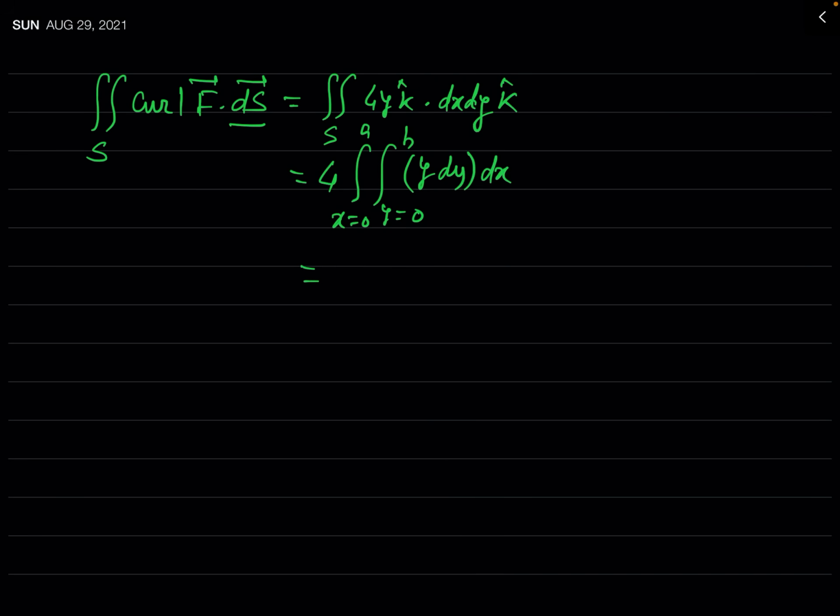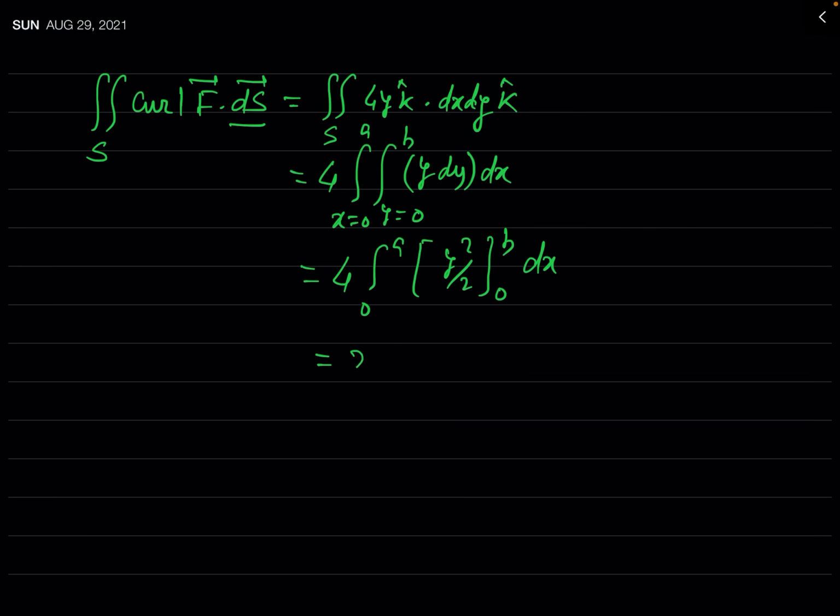This is a very simple double integral because both the limits are constant, so you can do it very easily. This will be 0 to a, and the integral of y will be y square by 2, and the limits are b and 0, and this is dx.